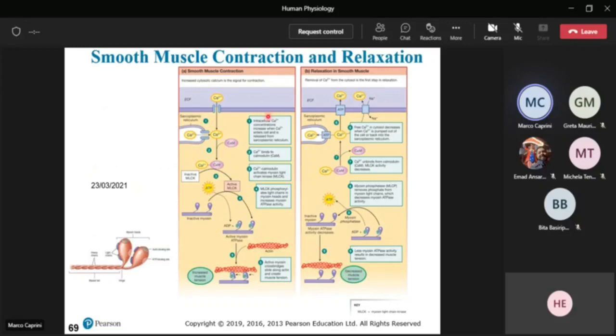Process of smooth muscle contraction and smooth muscle relaxation. As we said a few seconds ago, calcium can be extracellular calcium or intracellular calcium or both.